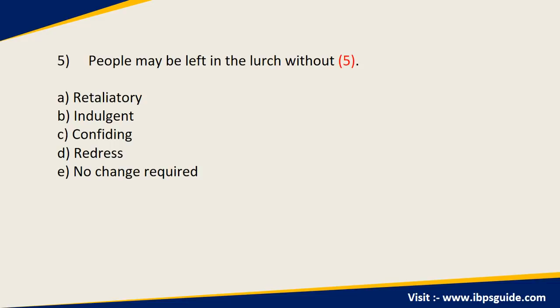So when you look at it contextually also, this makes a lot of sense. They're saying that due to the flaws in the anti-corruption law, people will be left without a solution or a remedy when they complain about someone who's taking a bribe, right? So option D, redress, is the correct answer for this question.